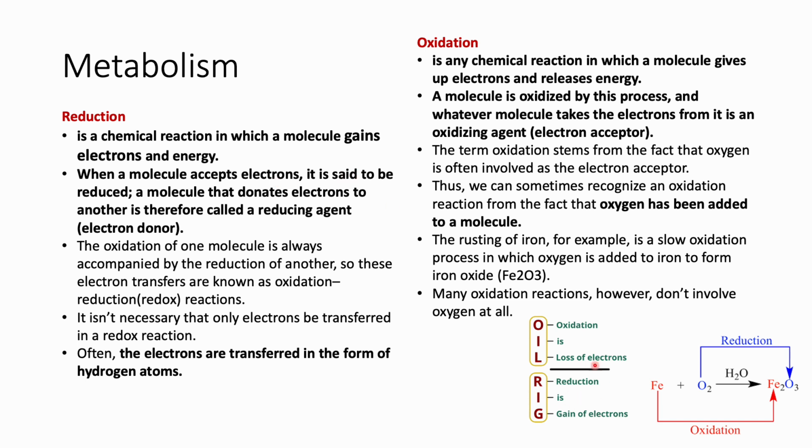So reduction is gain of electrons. A molecule that donates electrons to another is therefore called a reducing agent, an electron donor. And often in reactions, the electrons that are transferred are in the form of hydrogen ions.